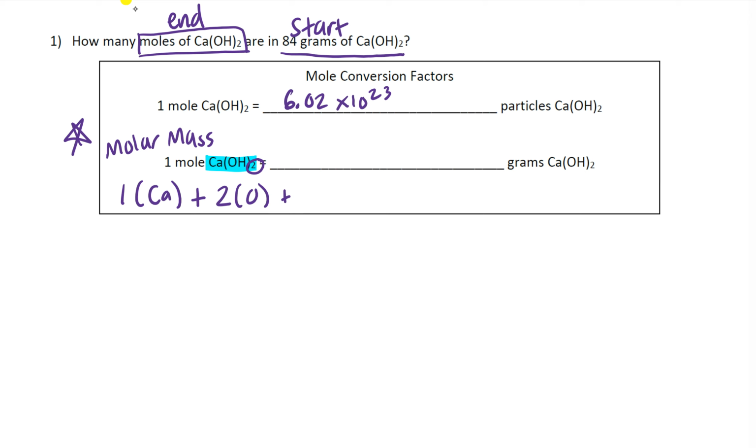There are 2 hydrogens present because the subscript inside is 1, the subscript outside is 2, so 1 times 2 gives me 2. And so now for the numbers, what do I plug in for calcium, oxygen, and hydrogen? That's going to come from the periodic table. So I'm going to go to my periodic table and find these elements.